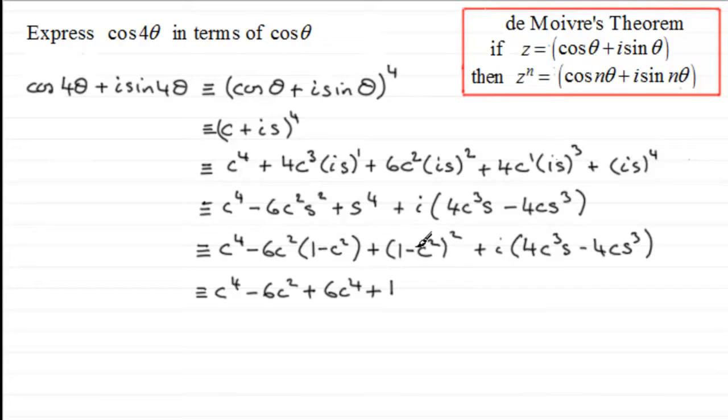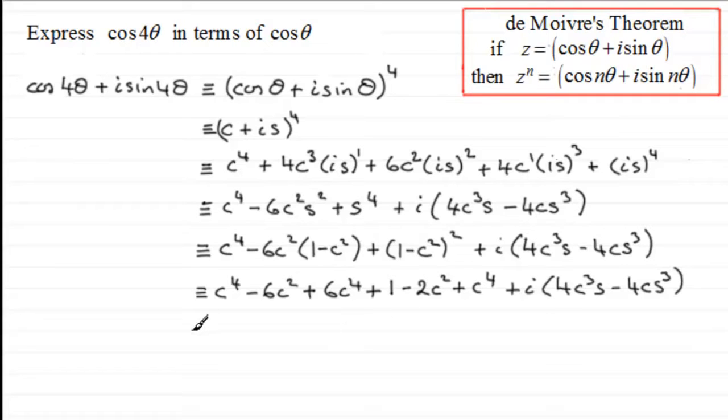We're going to have minus c squared minus another c squared, so it's minus 2c squared, and then minus c squared all squared, that's plus c to the power 4. And then we've got our imaginary part there, so we'll just write that back in as i times 4c cubed s minus 4c s cubed.